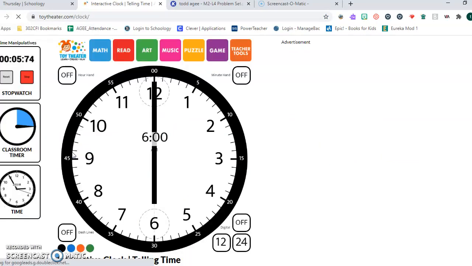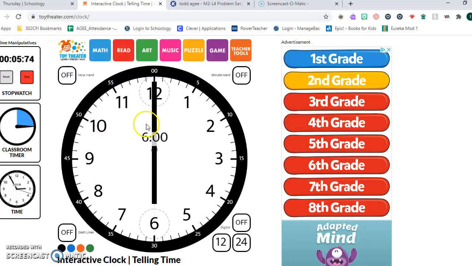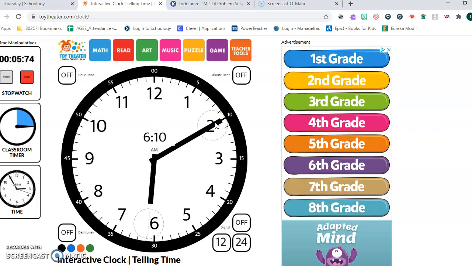So I'm going to go ahead and click into this, and you can see the clock starts at 6 o'clock. I can move the hands a certain number of minutes, and it kind of replicates or shows you the same kind of thing that happens when time passes.